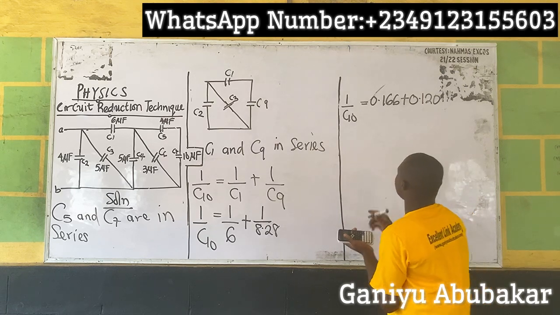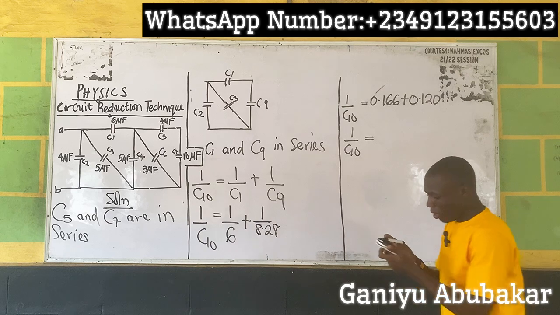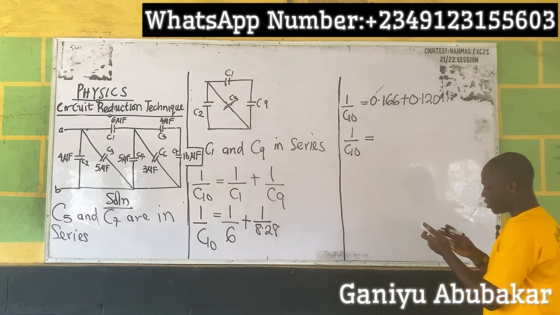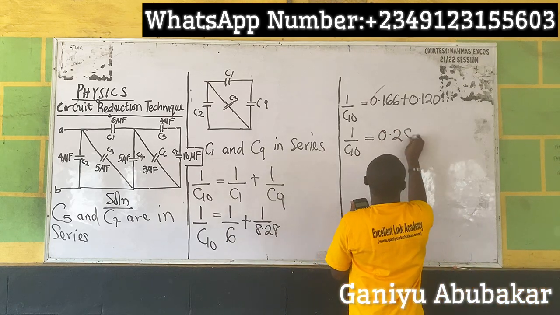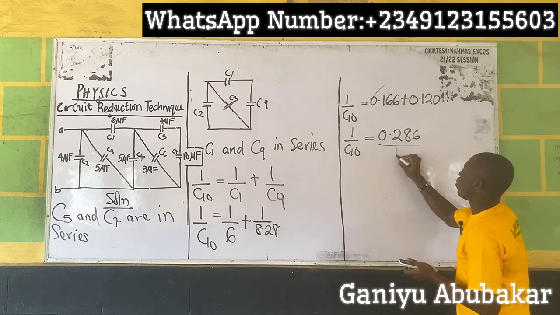Combine these two values: 1 over C10 is equal to 0.120 plus 0.166. This gives you 0.286. Now there's an invisible 1 here over 1 here.